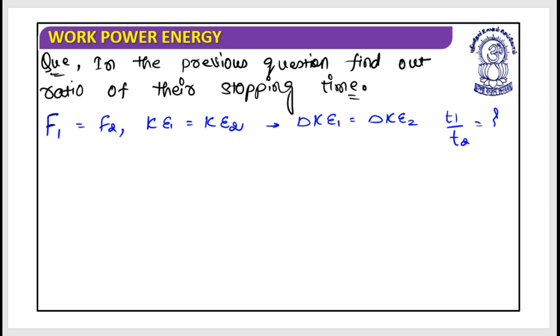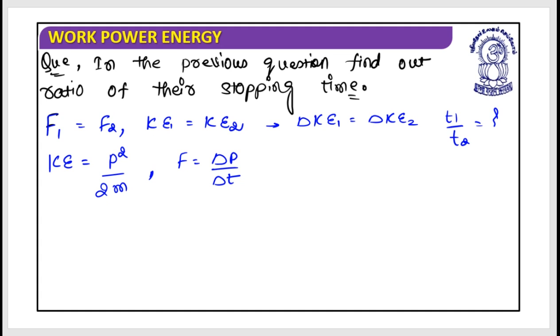How should I do this? What I understand is kinetic energy is equal to P squared by 2m, and F is equal to delta P by delta T.